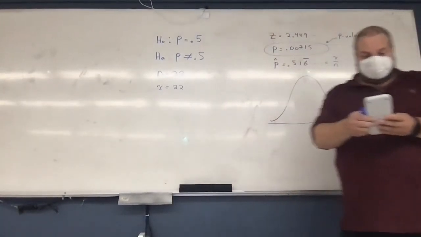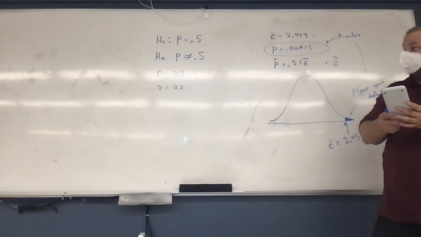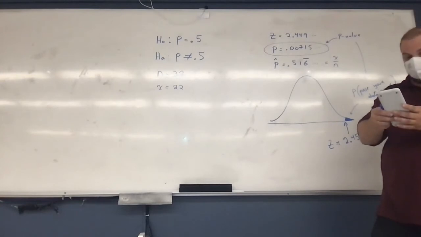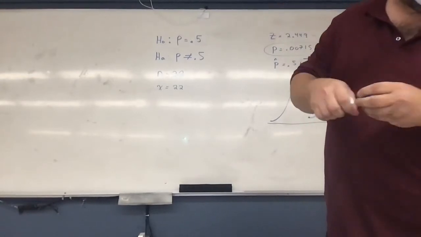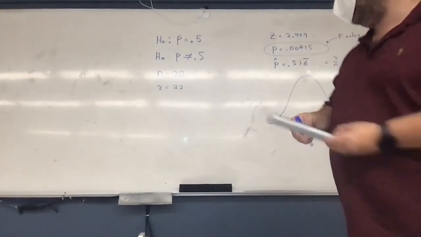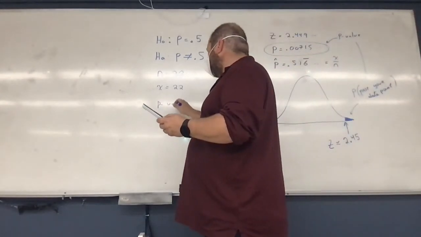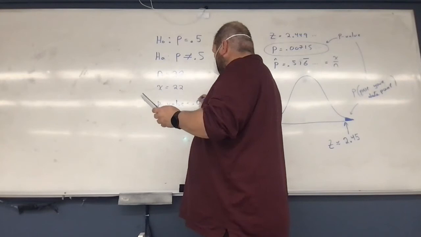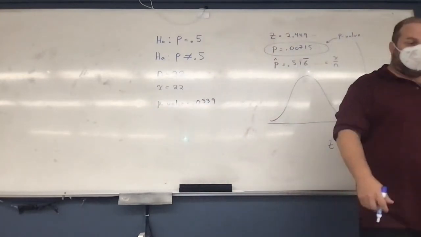So now that we have all the information we need, let's go to our one proportion Z test and put in our data. What is our p-value? 0.0339 approximately.